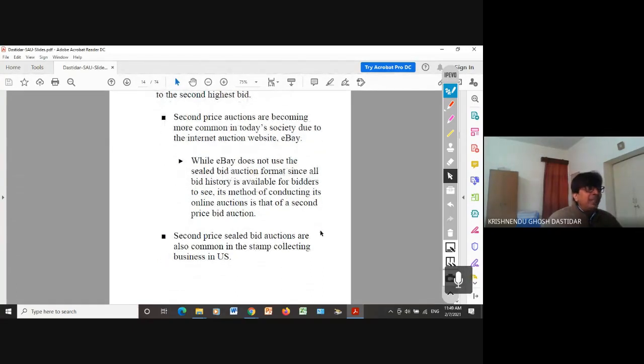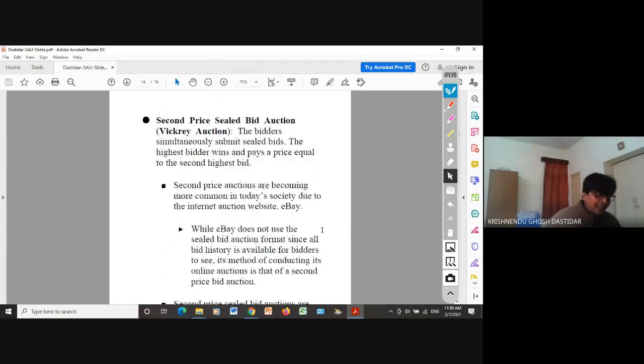Also, second price sealed bid auctions are used in the stamp collecting business in the USA. The reason we study the second price auction, apart from its empirical significance, is that it has very nice properties, and Vickrey first showed that. We'll come to that later.